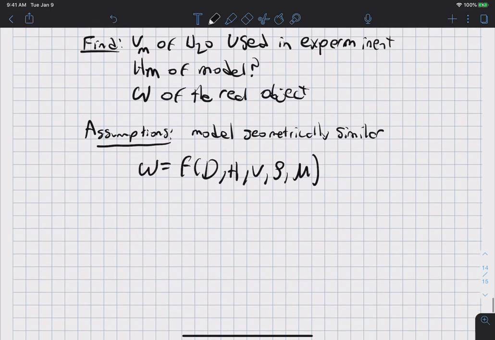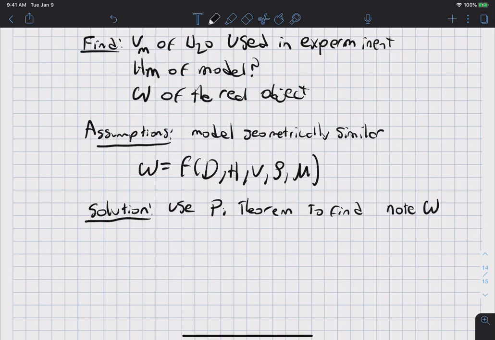And so the solution, you use the pi theorem, and I'm not going to go through the details on that, but note, if you want to do that for your own exercise, omega has units of hertz, which is time to the -1 power.